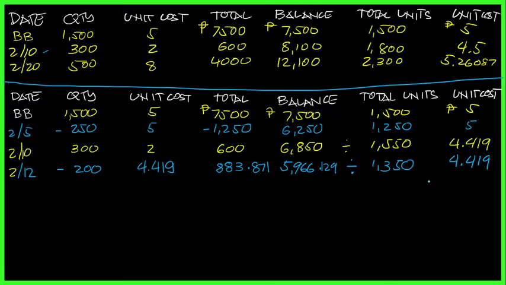All right. So now let's purchase. Let's have the same purchase on February 20. We purchased 500 at a unit cost of 8. So 500 times 8, that will now be 4,000. And then we add that to your balance, 4,000.